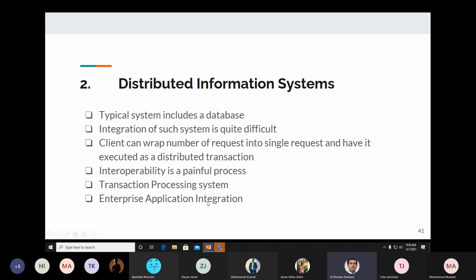Can you give me an example of a transaction processing system in which multiple transactions are wrapped in a single transaction, and they are querying different databases?